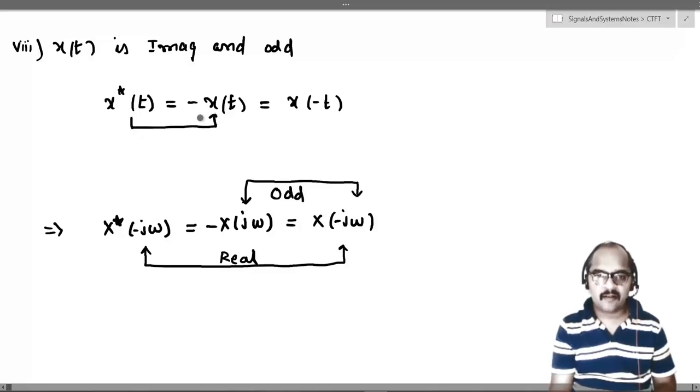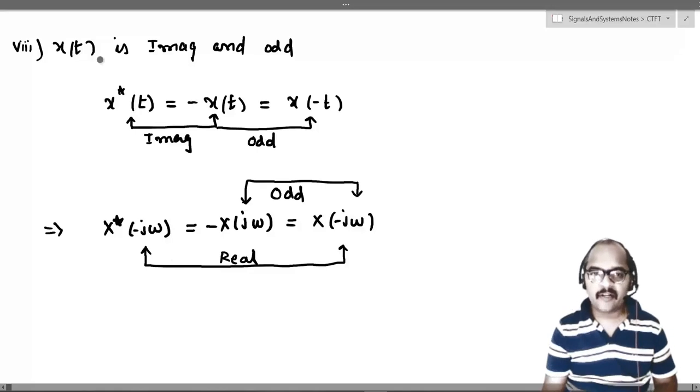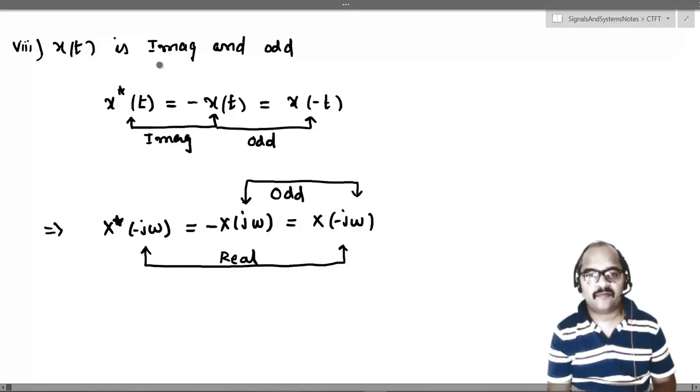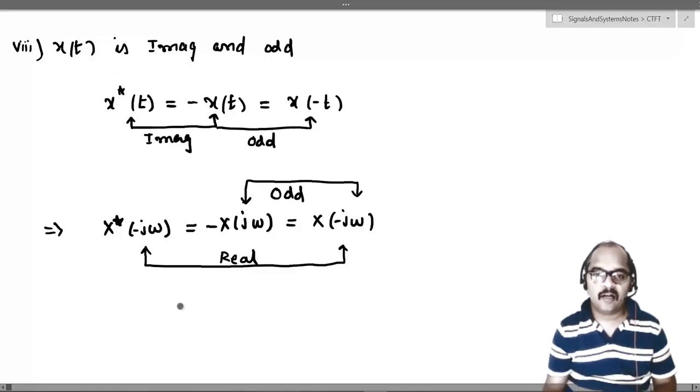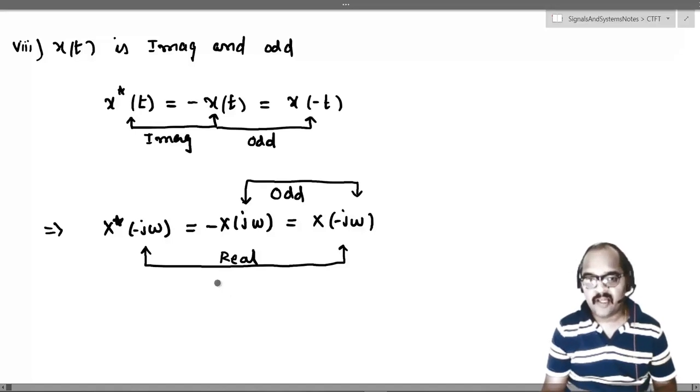X star of t equal to minus x of t means that the function is imaginary, and minus x of t is the same as x of minus t means that the function is odd. So what did we get? We got that if x of t is imaginary and odd, then the Fourier transform is real and odd. So these 8 properties, which are conjugation properties, are very important.